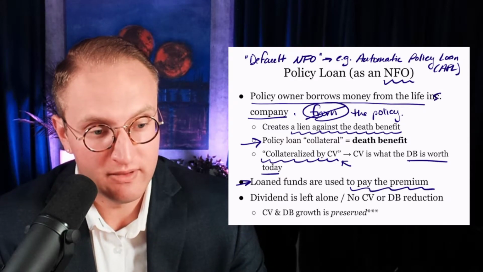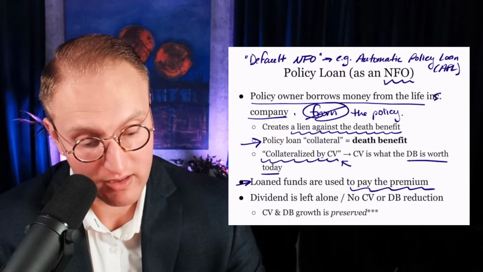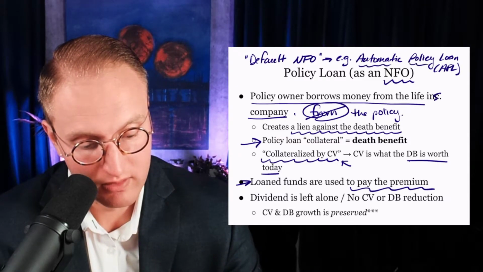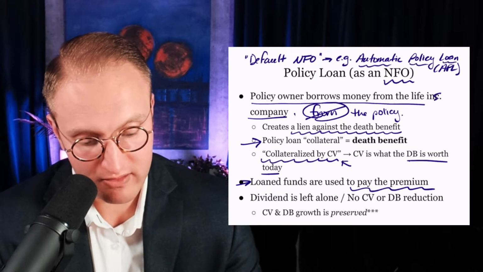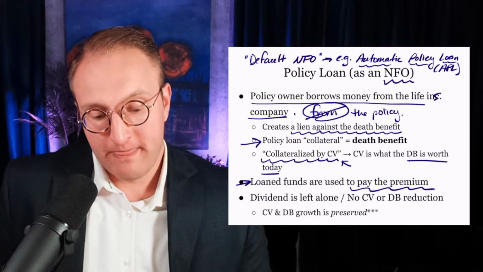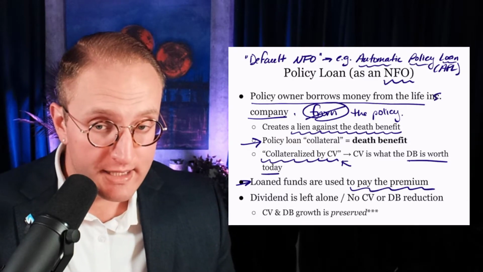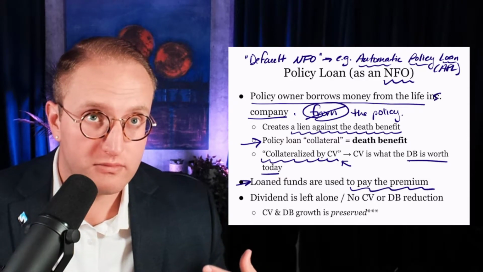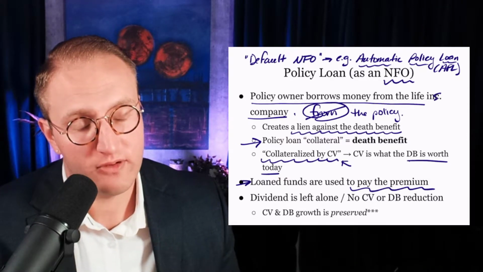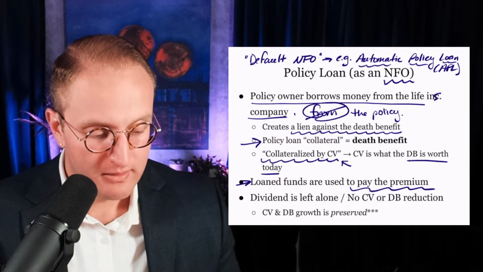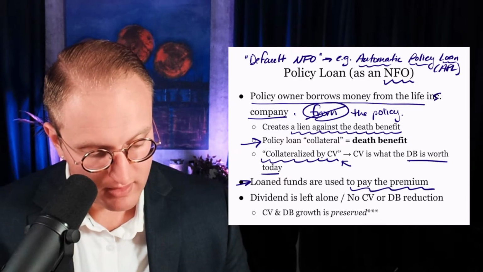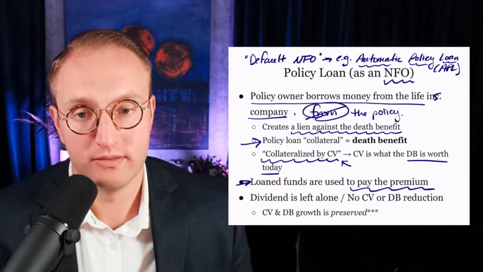I have a lot of clients. I don't know if it's the case for all my clients, but generally speaking, for my people, APL is the default non-forfeiture option. There's one non-forfeiture option that I didn't list here because while the industry technically calls it a non-forfeiture option, I wouldn't say that it is. But the other one is called convert to term.